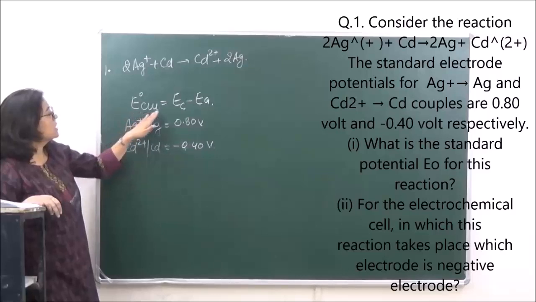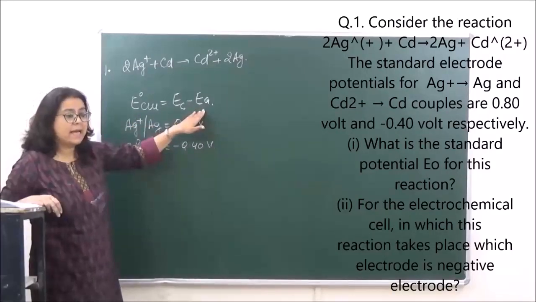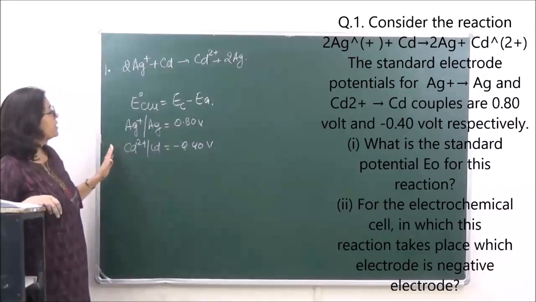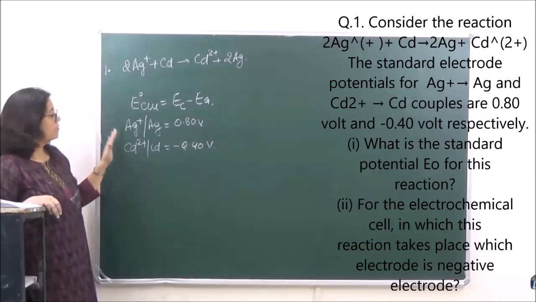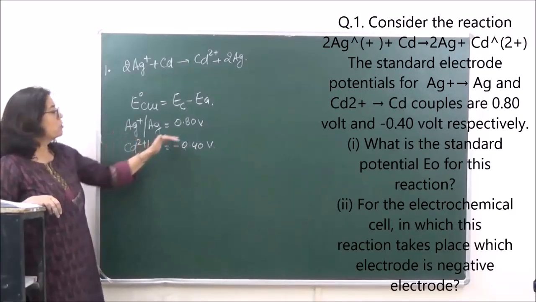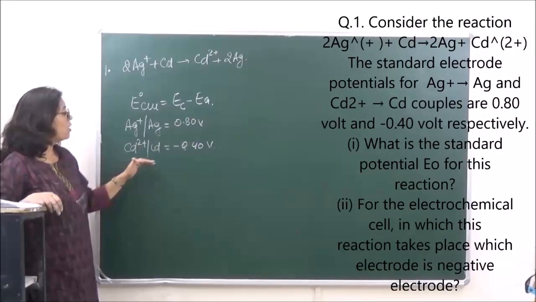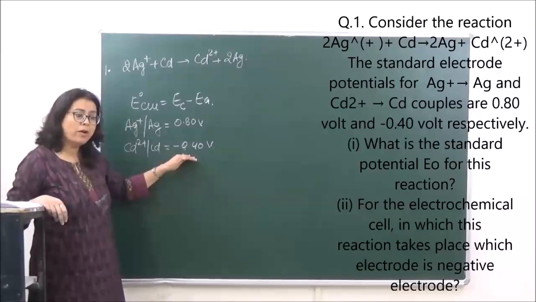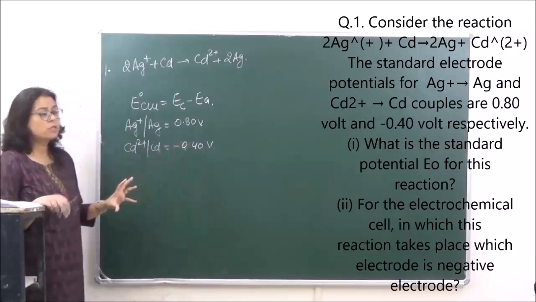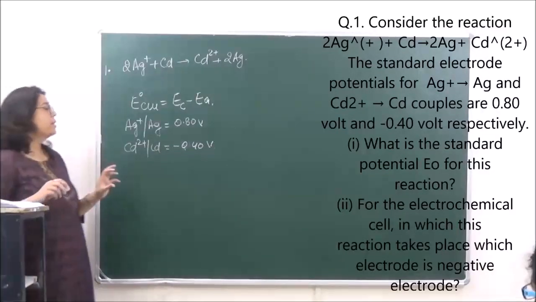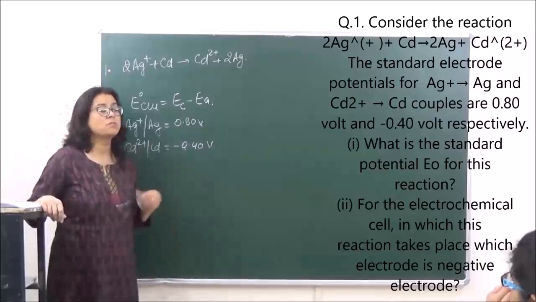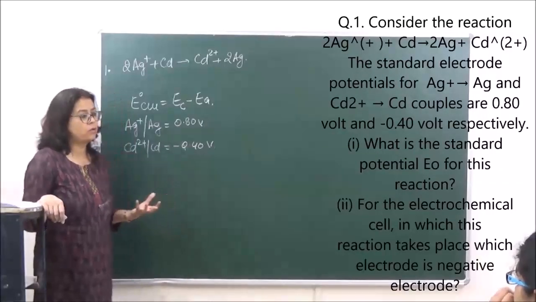This is E naught cell equal to E cathode minus E anode. So the cathode over here is Ag, where reduction is taking place. The value of the cathode is 0.80 volt and the value of the anode is minus 0.40 volt. So we are just using a trick over here. You have to subtract the smaller value from the larger value.